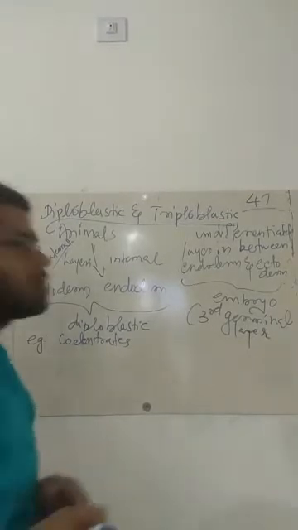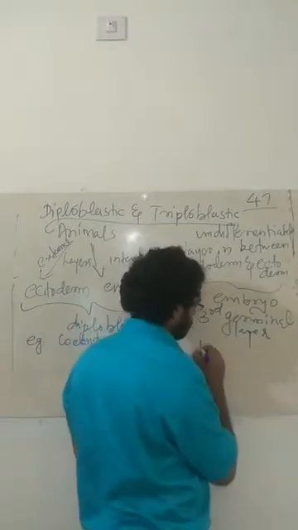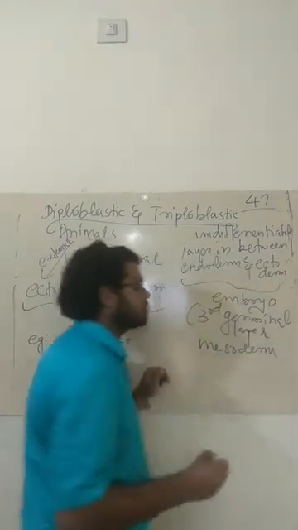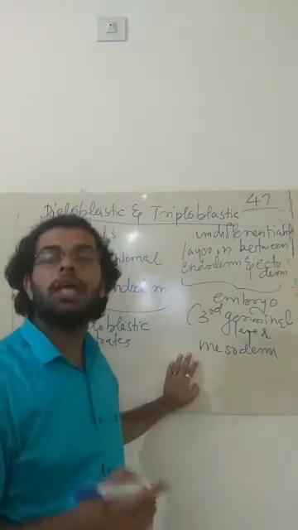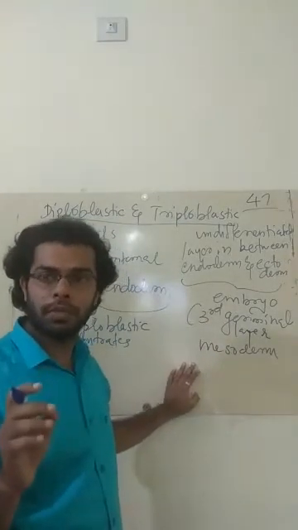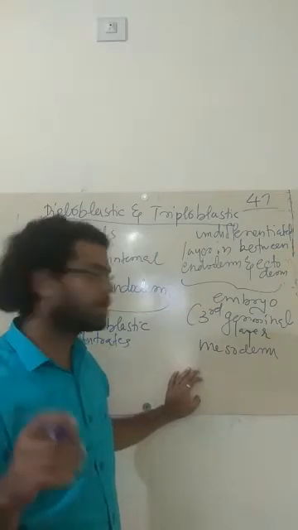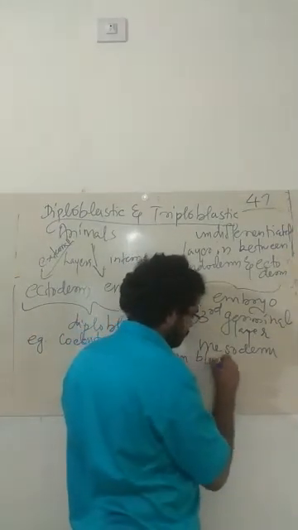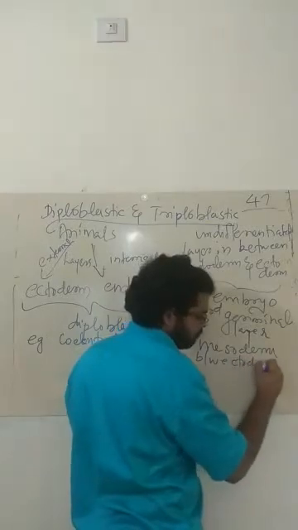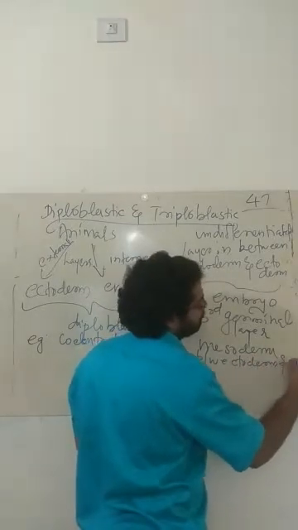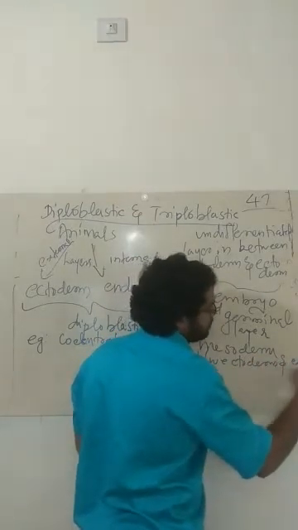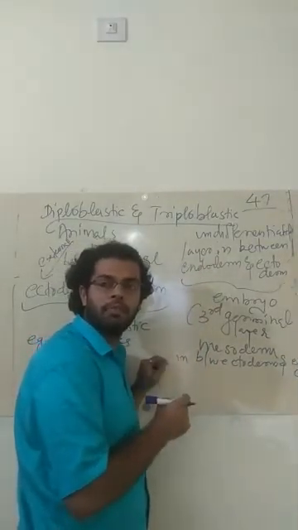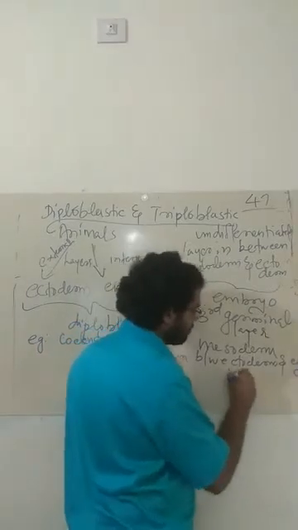That is known as the mesoderm, in between the ectoderm and endoderm. In between, this third germ layer, that is mesoderm, and this type of animals is known as the triploblastic.